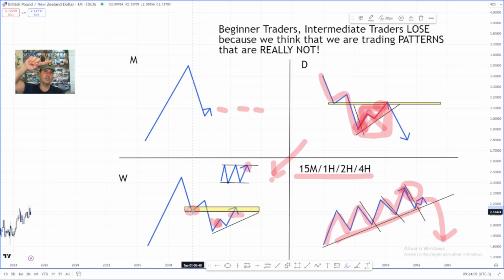Does this make sense? The understanding of what we are talking about right now is called the power of understanding multiple time frames. If you want to lose less, get skilled on multiple time frames, on understanding what is happening. Man, I can give you countless stories from my private group, like Euro New Zealand, easy.